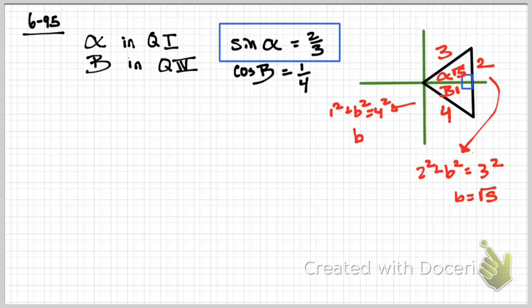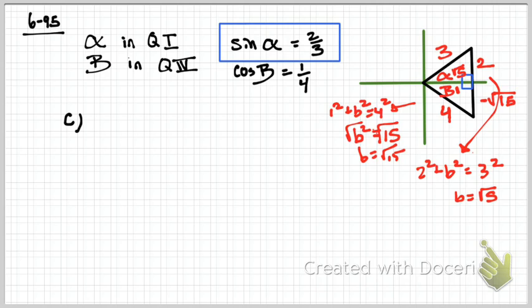So b squared will equal 15, b equals rad 15. So this is negative rad 15, which gives you that side. Okay, we've done A and B. Now let's go on to part C.